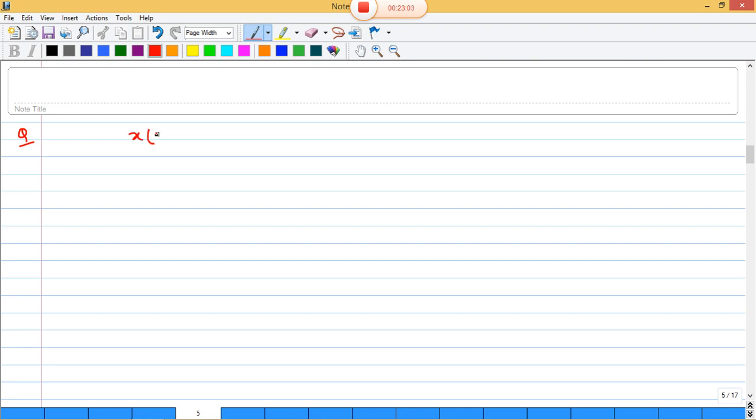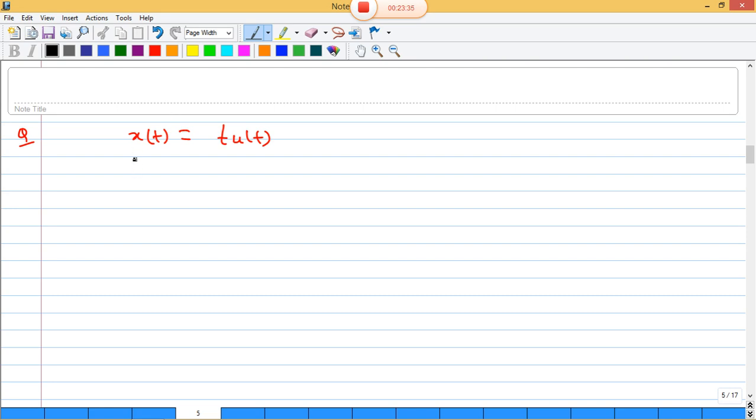If xt is a function given as e to the power minus at, okay, this one was already solved in lecture. I have already discussed this function. So suppose one function is given. Now I have to find out the energy of the signal, or first of all we have to check whether this one is an energy signal or power signal.